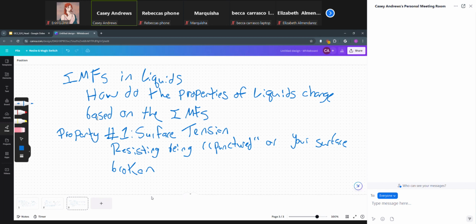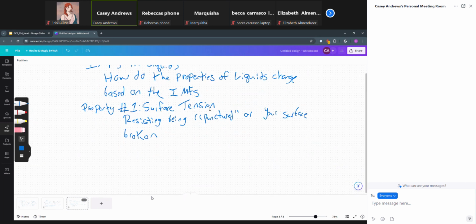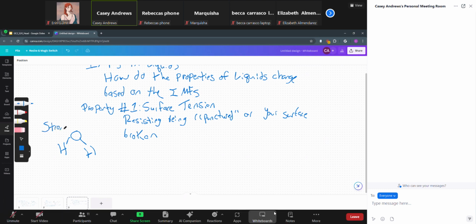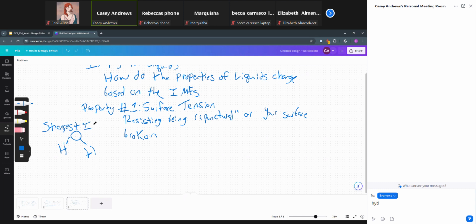Because let's take water, for example. So I'm going to draw out water. Okay, so what is the strongest intermolecular force that water has? I think I just heard it. The strongest IMF water has available to it is the hydrogen bond.